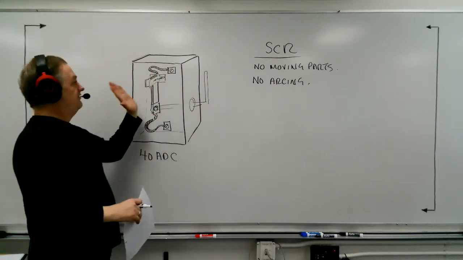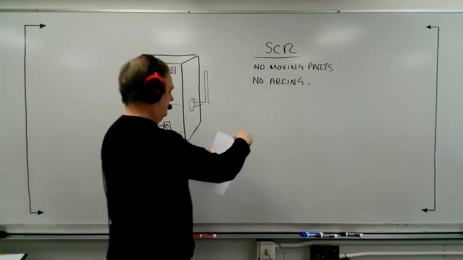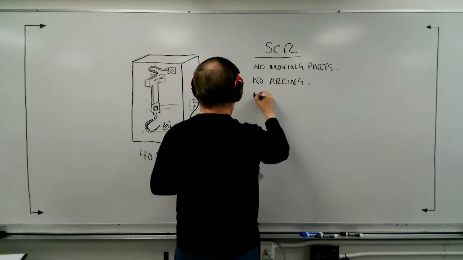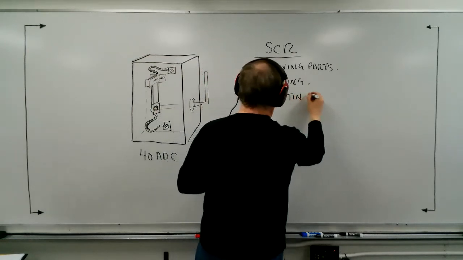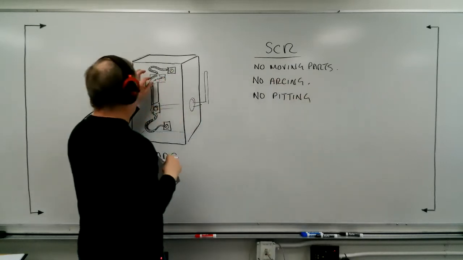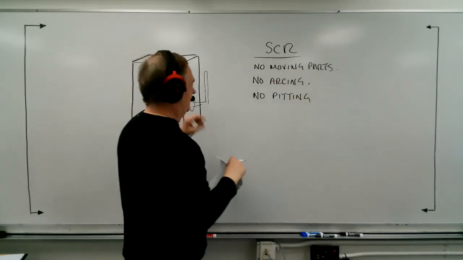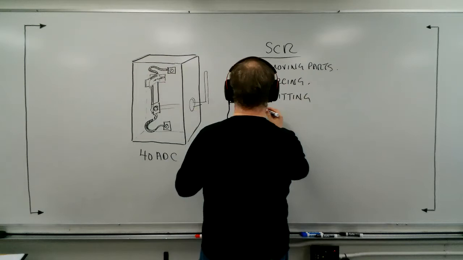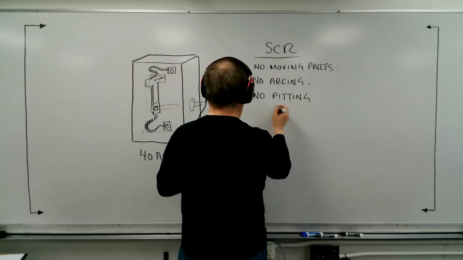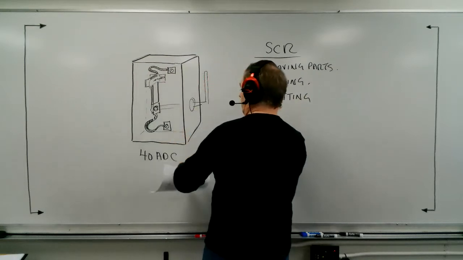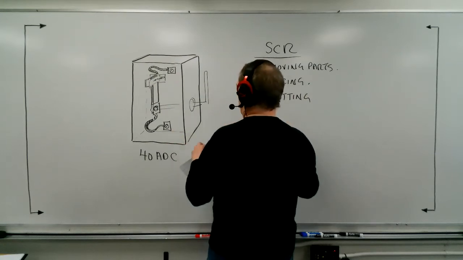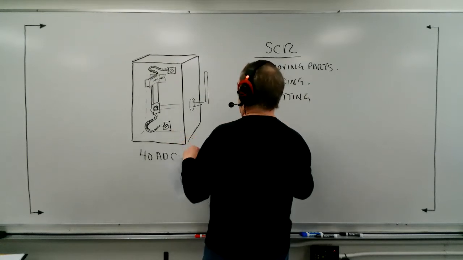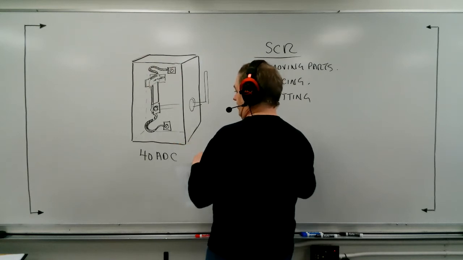Here, when you pull this out, you get arcing at the contacts. No pitting. Pitting is when the arc draws out and leaves little weld marks or little holes, little spit marks there. That's called pitting. An SCR does not suffer from that. A mechanical switch like this, depending on its environment, can definitely be degraded by corrosion.